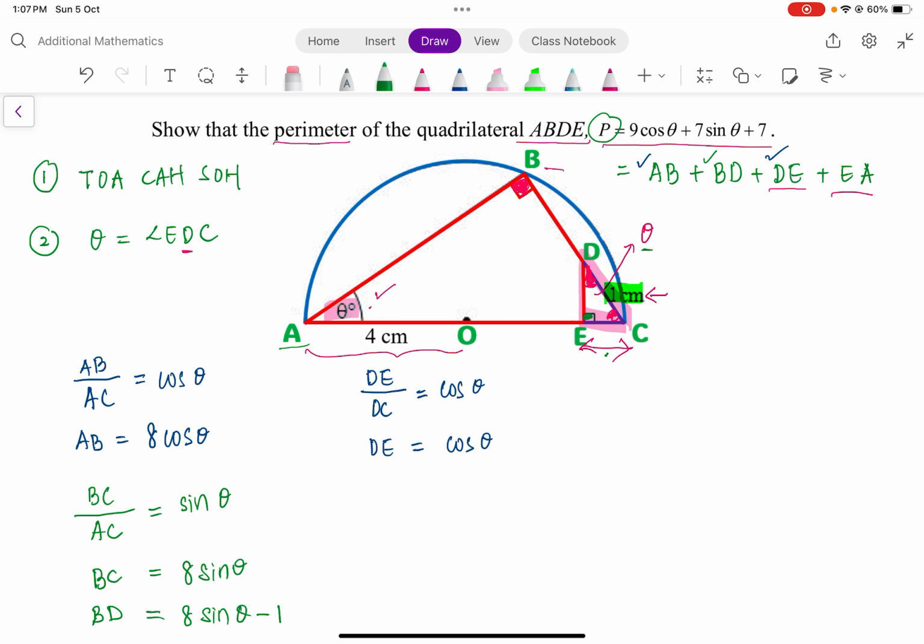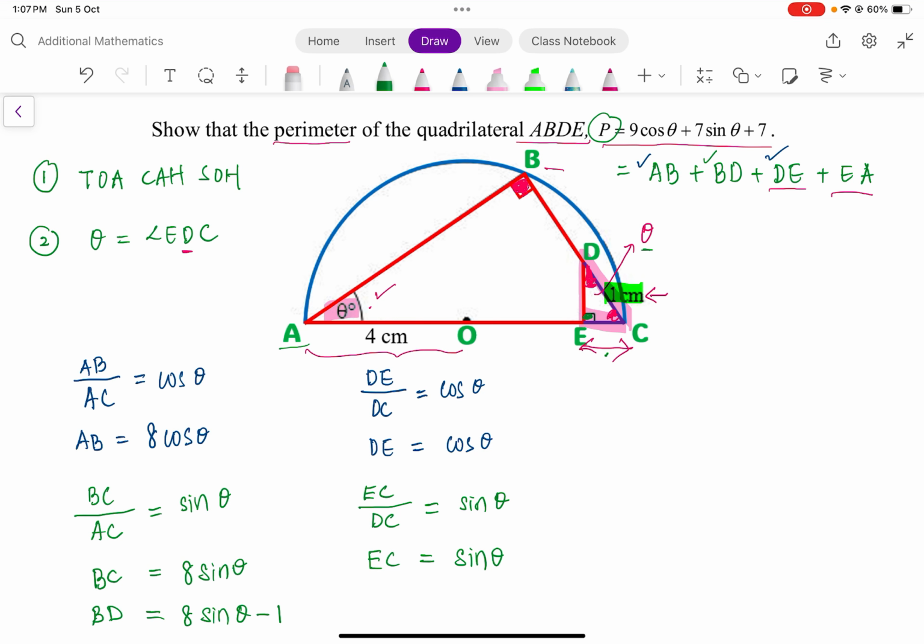So I will have opposite EC over hypotenuse DC, which gives me sine theta. Since DC is equal to 1 cm, EC is equal to sine theta.